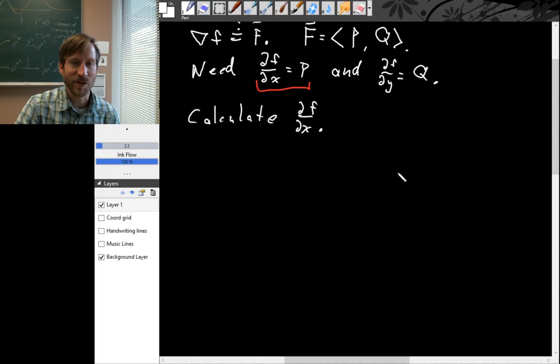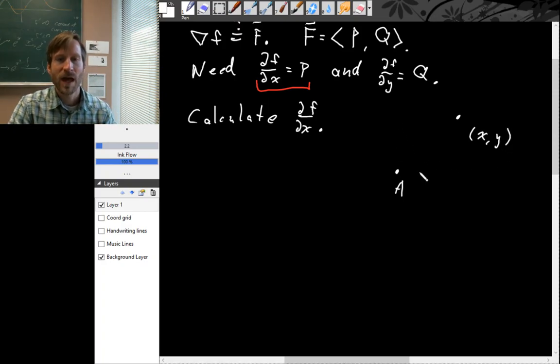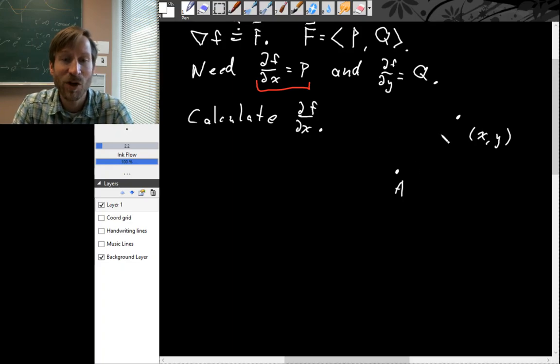So here's what we're going to do. Here's our fixed point A, and here's our point x comma y. And to calculate f of x comma y, we can choose any path from A to x comma y, and we're going to choose a very special path.